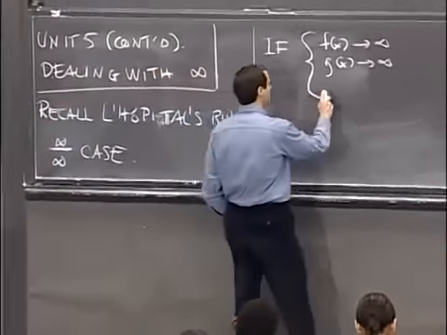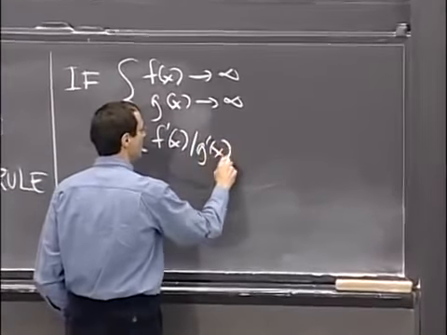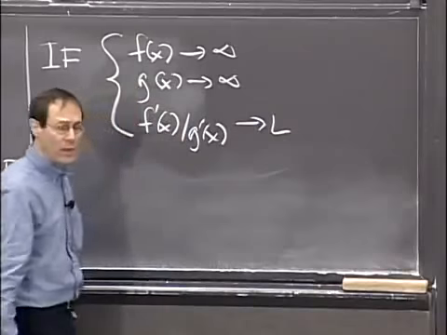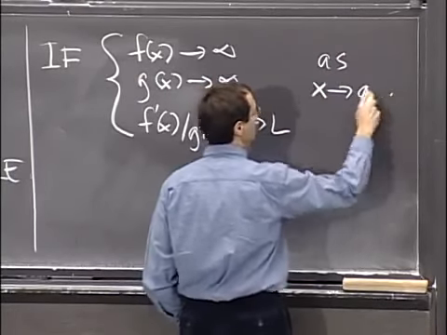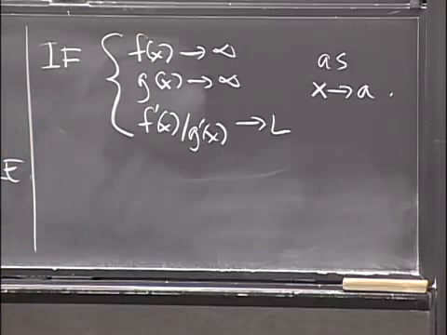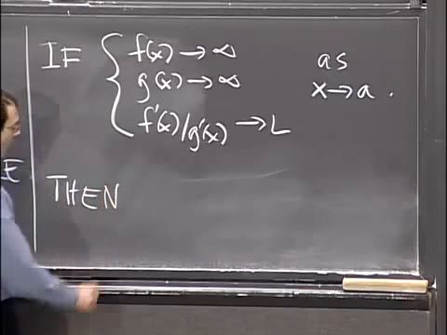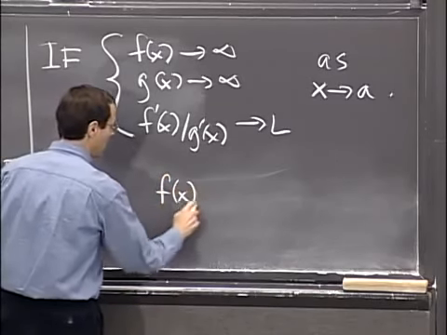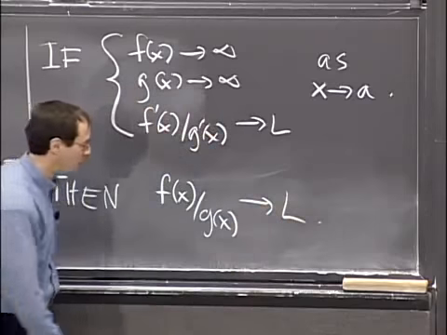And then the last assumption is that f prime of x divided by g prime of x tends to a limit, L. And this is all as x tends to some limit a. All right? And then the conclusion is that f of x divided by g of x also tends to L as x goes to a.